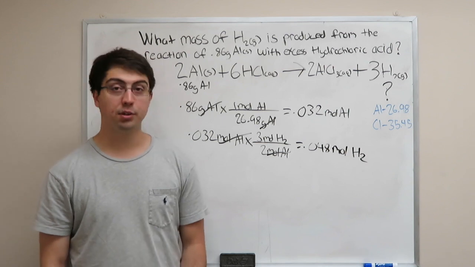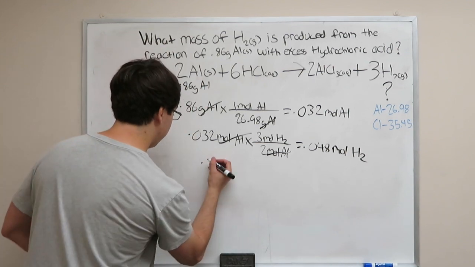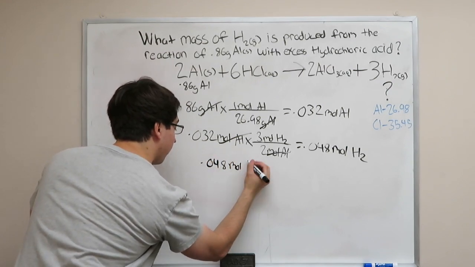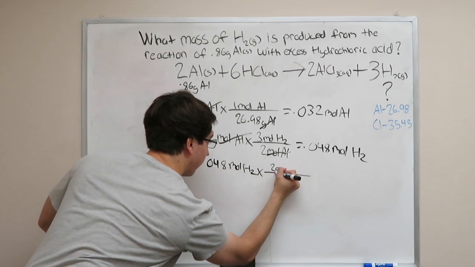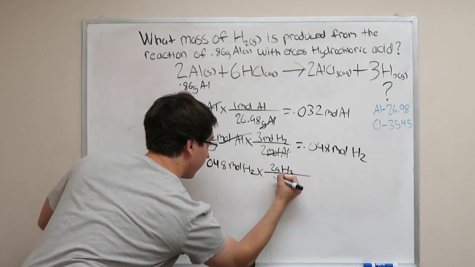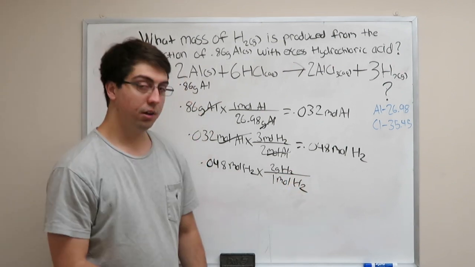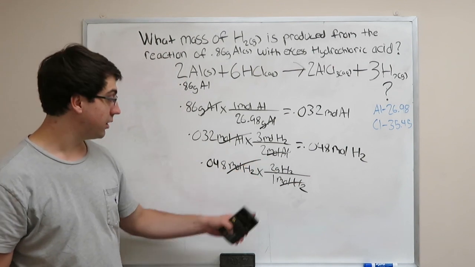Last thing we need to do is convert the moles of hydrogen to grams of hydrogen. The moles of hydrogen will cancel out, leaving us with grams of hydrogen.